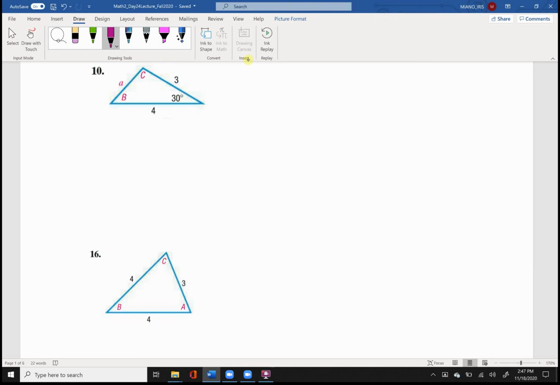So law of cosines with a squared on one side of the equation leaves the square of the other 2 sides summed together minus 2 times their product times the cosine of the included angle.